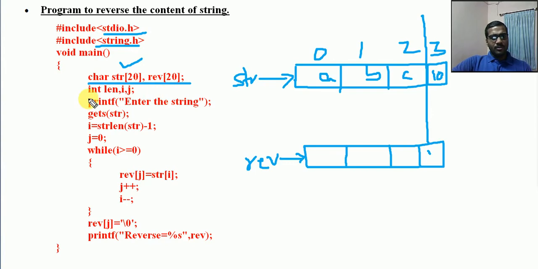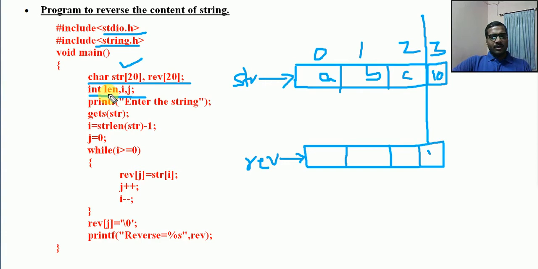Then I am using 3 variable declarations. One is len, so somehow I will get the length. I can use the length function, or even find the length without using that function. A similar program we will see later, but in this example we use a string handling function for finding the length.